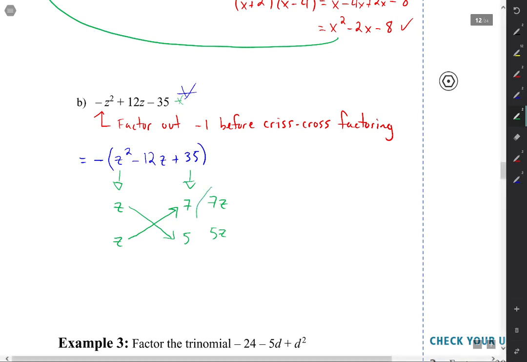So now we want to look at these two here, and we want to think, is there any way we can get the middle term from those two? Is there any way we can get negative 12z from 7z and 5z? Well, yeah, we can. We can make them both negative. Negative 7z minus another 5z gives us minus 12z, which is our middle term.